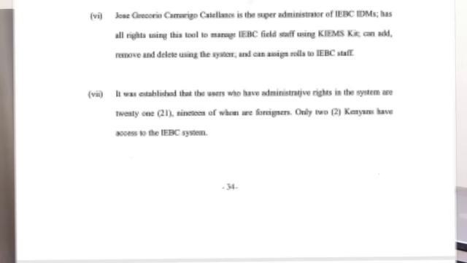It was established that the users who have administrative rights in the system are 21. 19 of them are foreigners. Only 2 Kenyans have access to the IEBC systems.